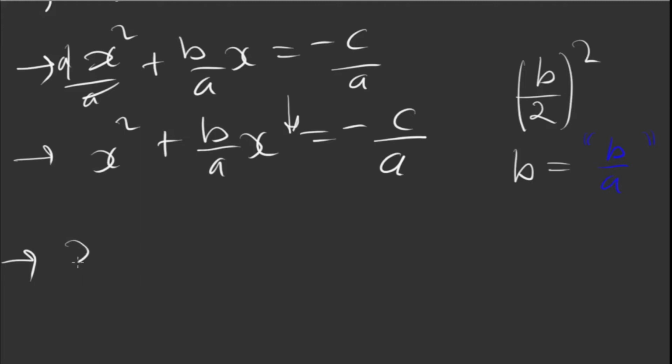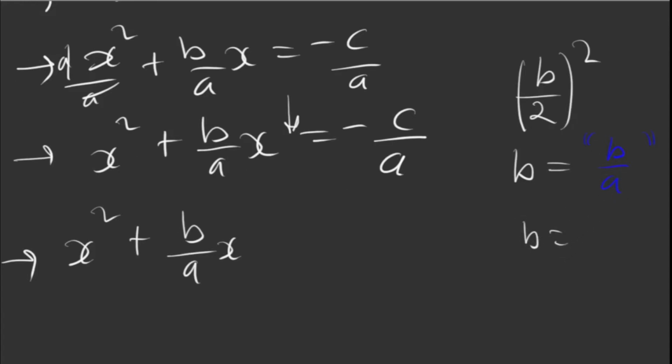We said if you do something to the left hand side, you do the same thing to the right. So we are saying this b divided by 2, squared. You want to take this b, which is b over a, divided by 2, and then you square it.